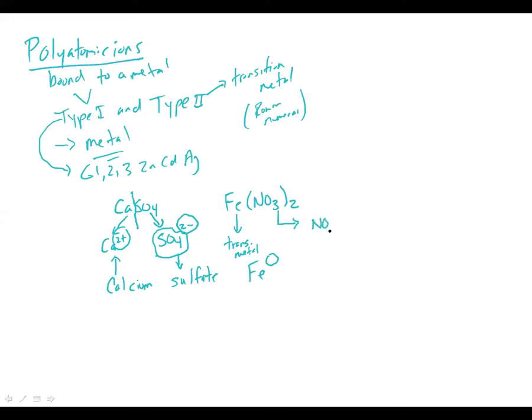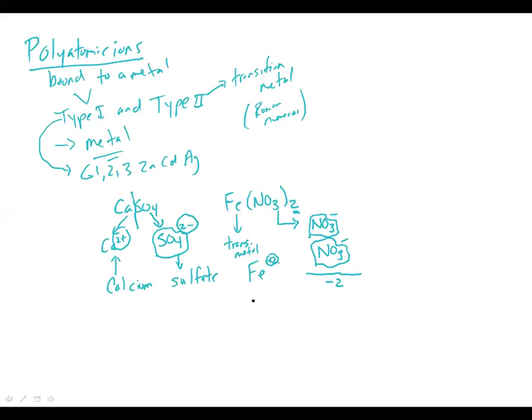Essentially, this is NO3 minus, and in this case we don't have 1, but we do have 2. So if we add this up, we have -1 and -1, which gives us -2, which means to balance it out, the iron here has to be +2.